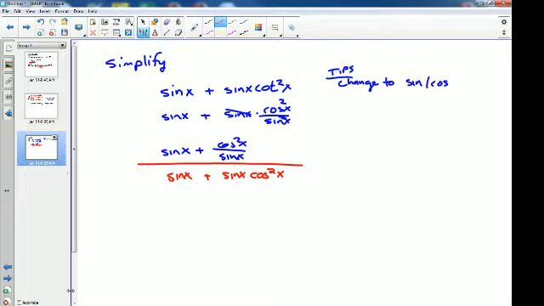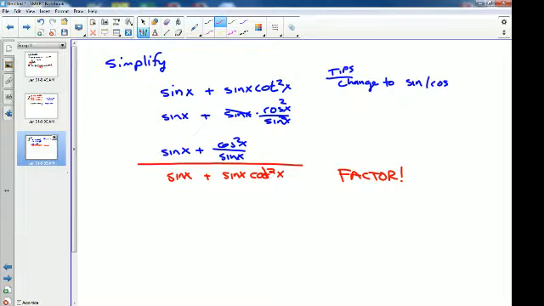Both of these have a sine x in them, correct? Is there something algebraically I can do to manipulate that? We just worked on it in the warm-up. There's tip number 2: factor.